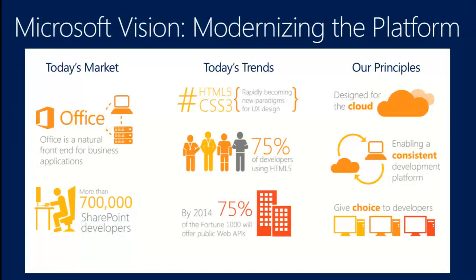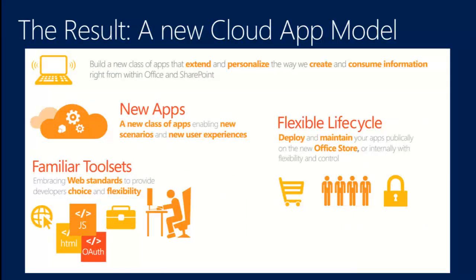People are using different devices and different platforms, so we wanted to give legacy applications an opportunity to play in SharePoint land, and SharePoint land is pretty big. The result of the guidance and research they've done is a new cloud app model. With the new app model, we're not installing things onto SharePoint, we're installing things next to SharePoint. You're running them alongside SharePoint.